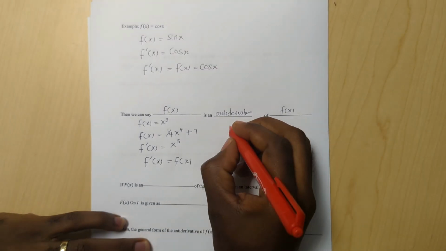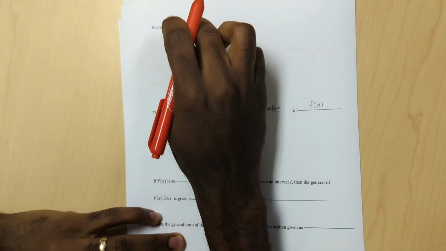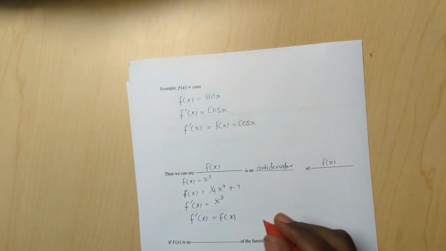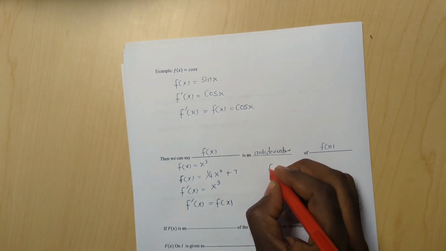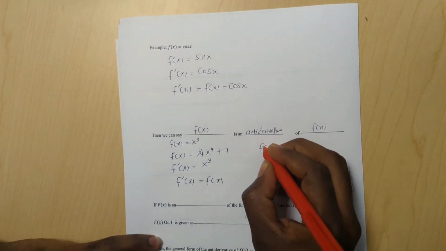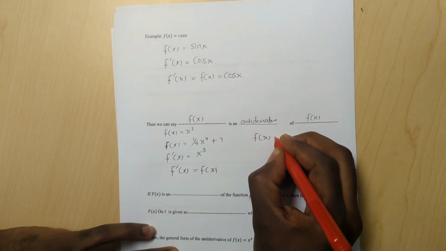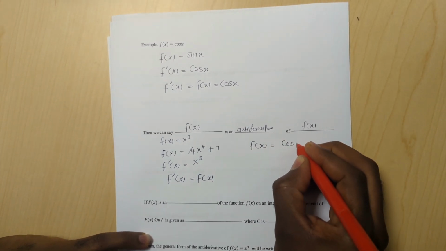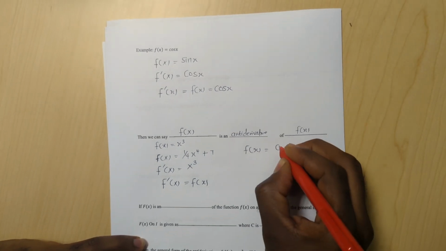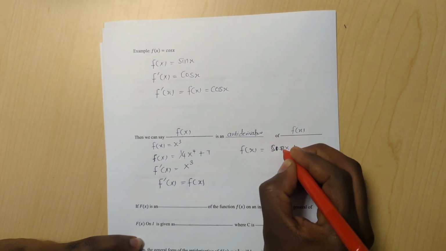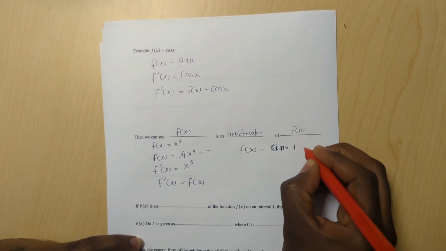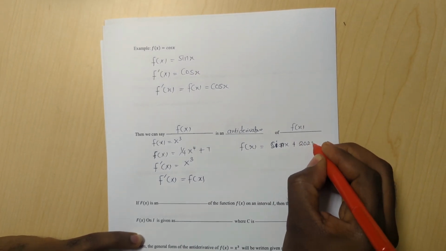The same way, for this function, f of x equal to cos x, let's presume that the antiderivative, capital F of x, is rather equal to sin x plus maybe 25.